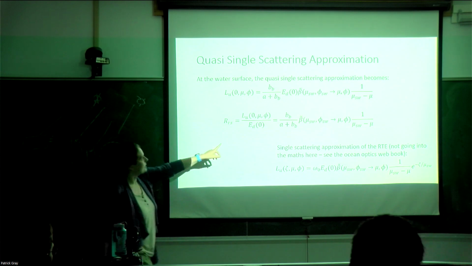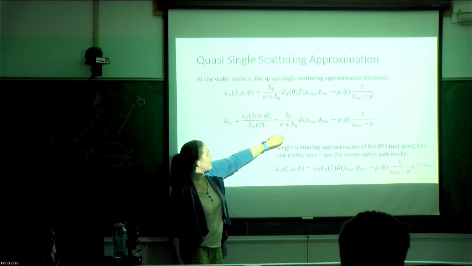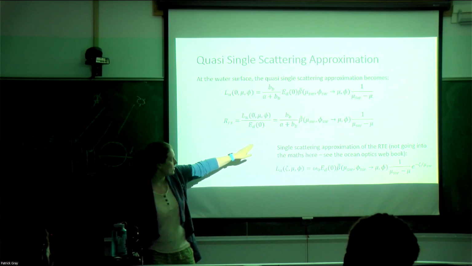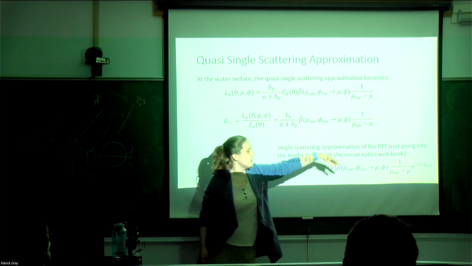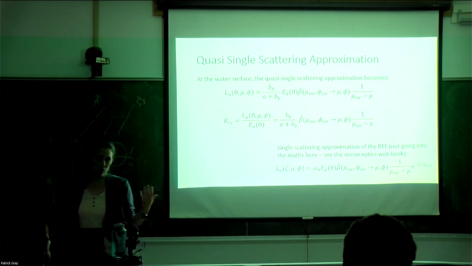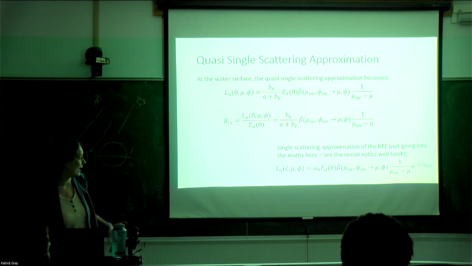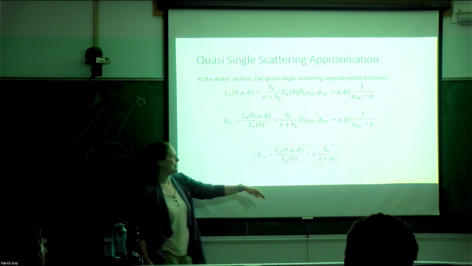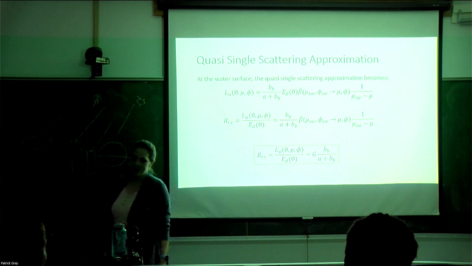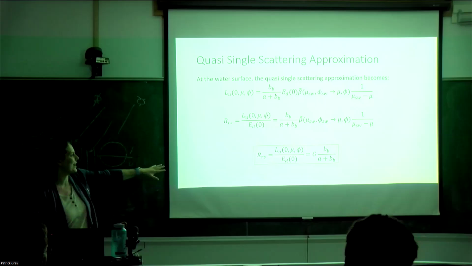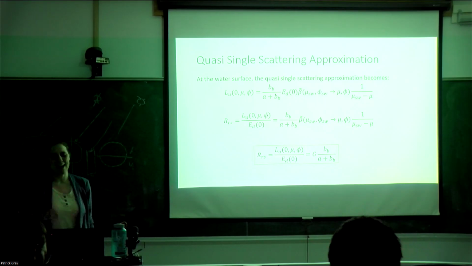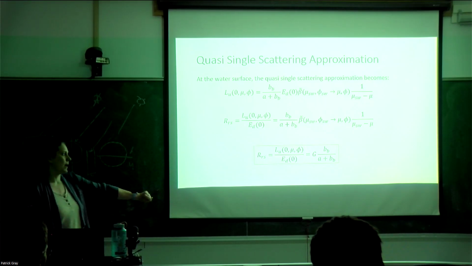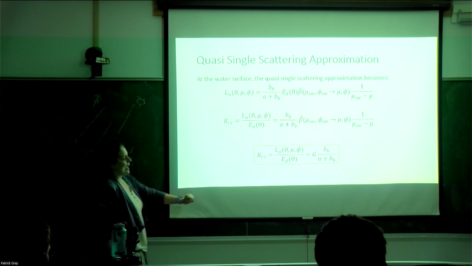So if we pull this part out, what we end up with is this equation, which is bb over a plus bb times something that's kind of related to angle in geometry. We don't really care about that. And so simplifying all that something down into one nice big letter G, we end up with remote sensing reflectance is equal to something times the backscattering divided by the absorption plus backscattering.